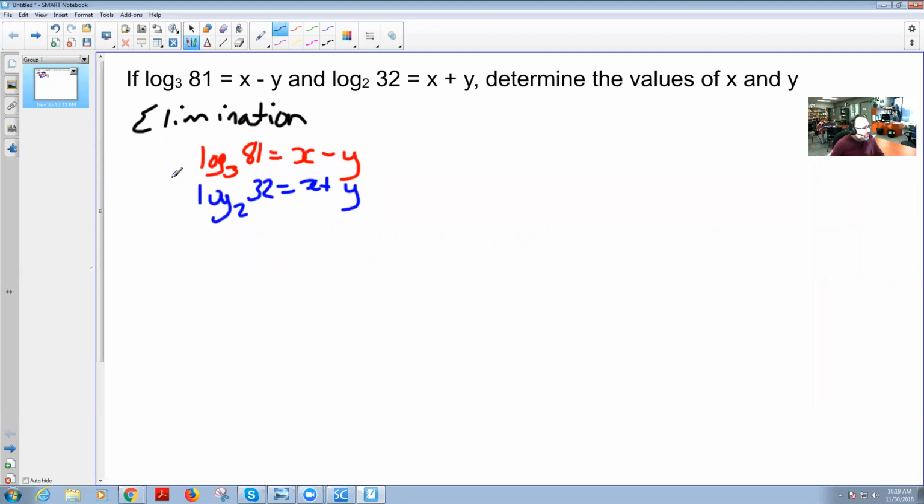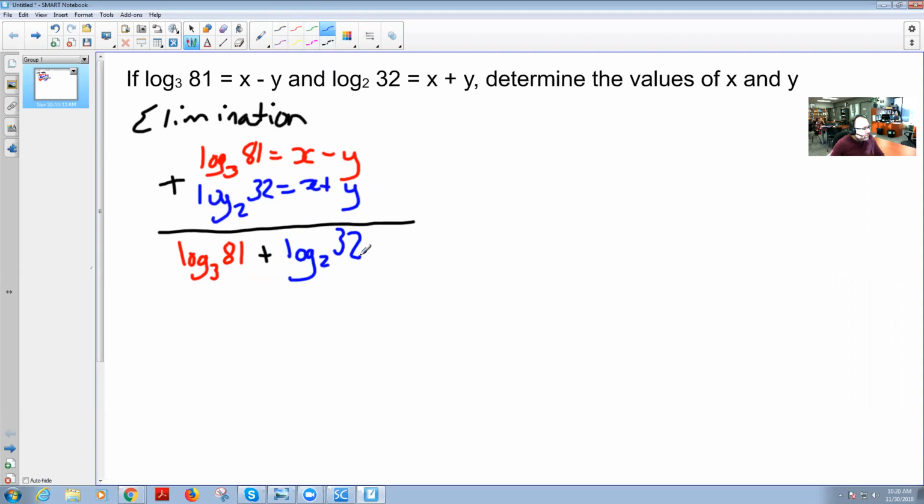So that's what I'm going to do here. I'm going to add that. So what do I get now? Well, we get the log base 3 of 81, and we added it, so adding log base 2 of 32.